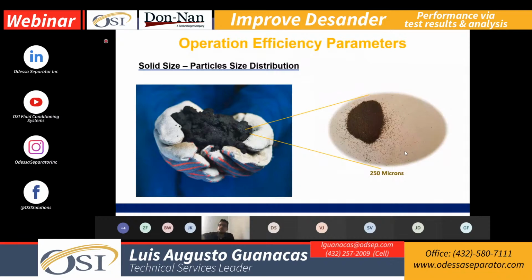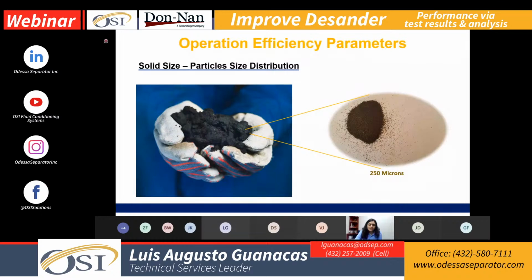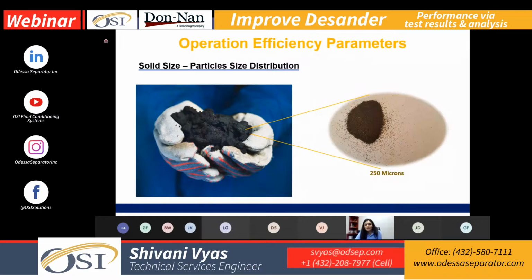And then one of the other critical things is obviously the particle size distribution. I'm really fond of this picture because it shows exactly what we've heard: we have such fine frac sand, 100 mesh, and I'd like the tightest sand separation. But that's actually not the case when we see downhole.